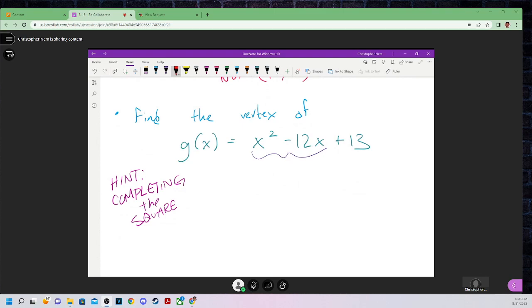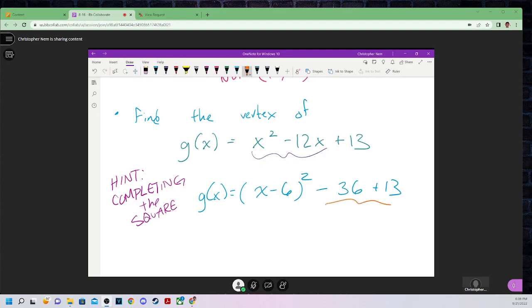Otherwise, we get nowhere. So, if I complete the square here, this is going to turn into x minus 6 squared. And then I have to subtract off my square, which is 36, plus 13. Now, this is what g of x is equal to. I can actually combine like terms because this is almost in vertex form.